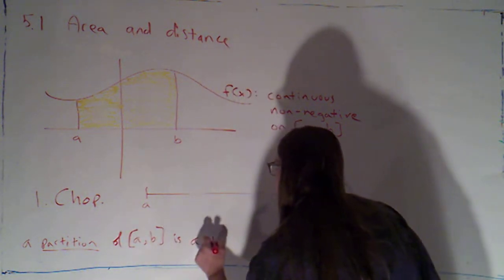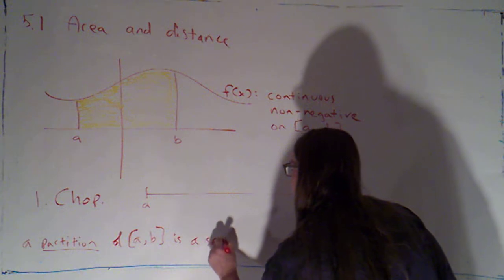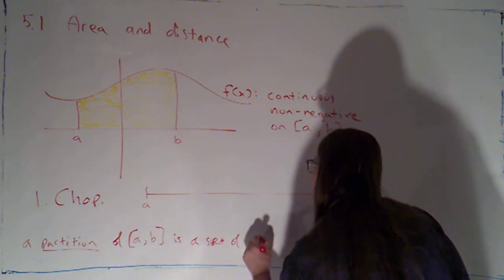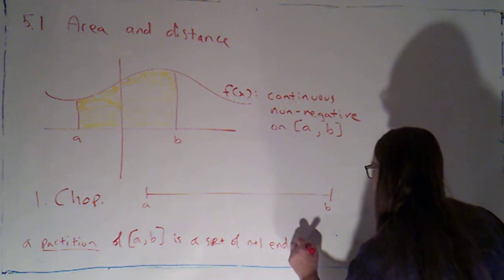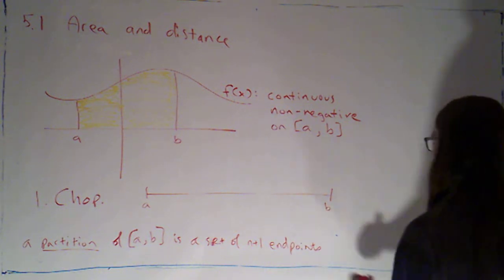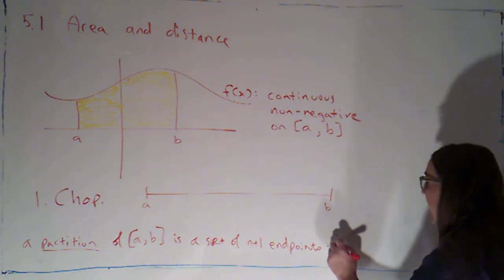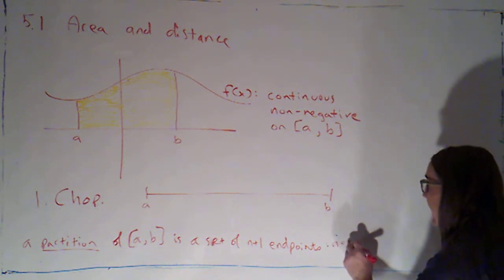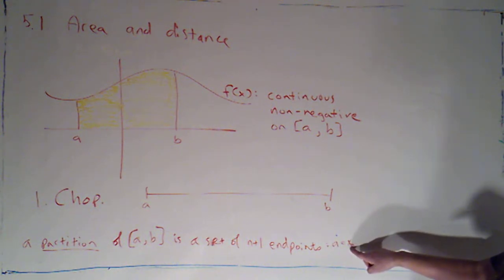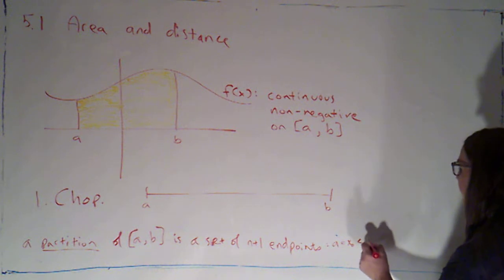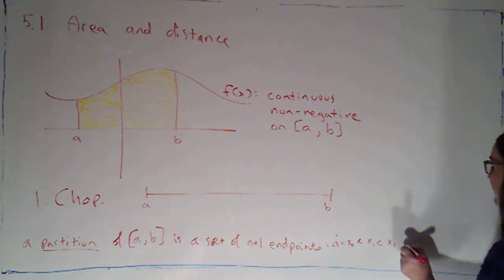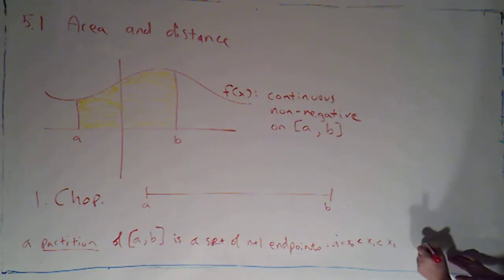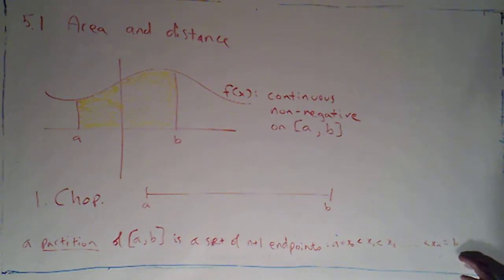is a set of n plus 1 endpoints. So A will equal x, and I'm going to put a subscript of 0 there, which will be less than x1, which will be less than x2, dot, dot, dot, which will be less than x sub n, which will equal b.